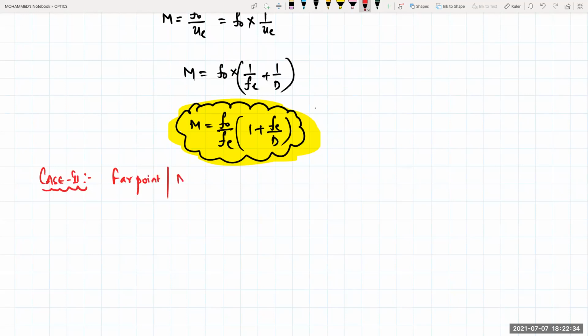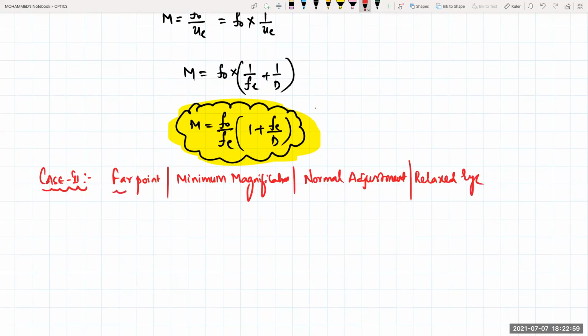We can also say this is normal adjustment, minimum magnification, or it is the relaxed position of your eye. So these are the different names for this. Whether I use far point, minimum magnification, normal magnification or relaxed position of eye, that will be one and the same.